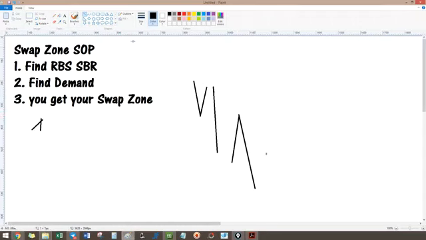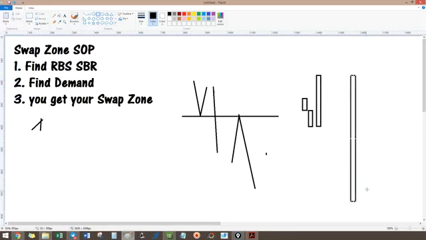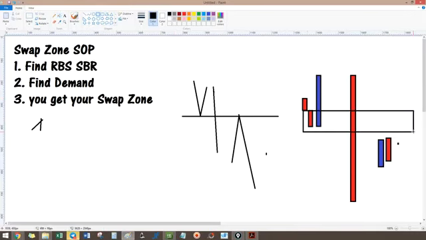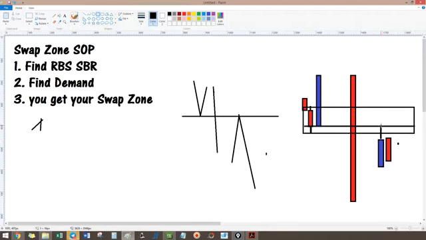When you change to candlestick, you will have something like this, in candlestick form, and in SBR RBS.